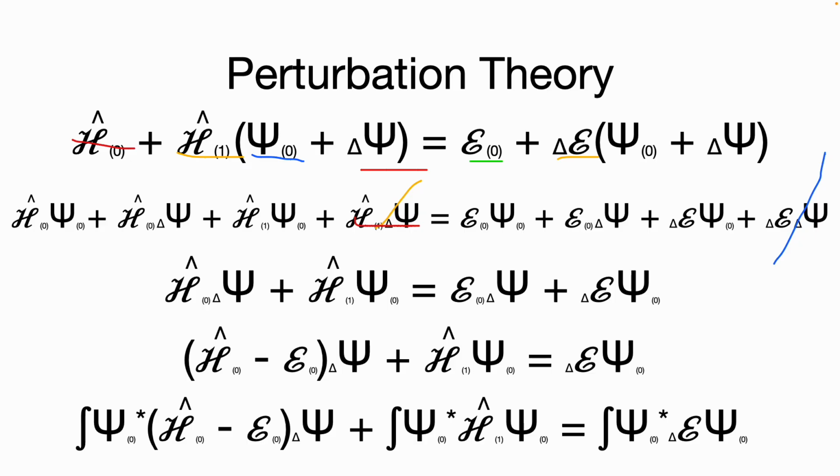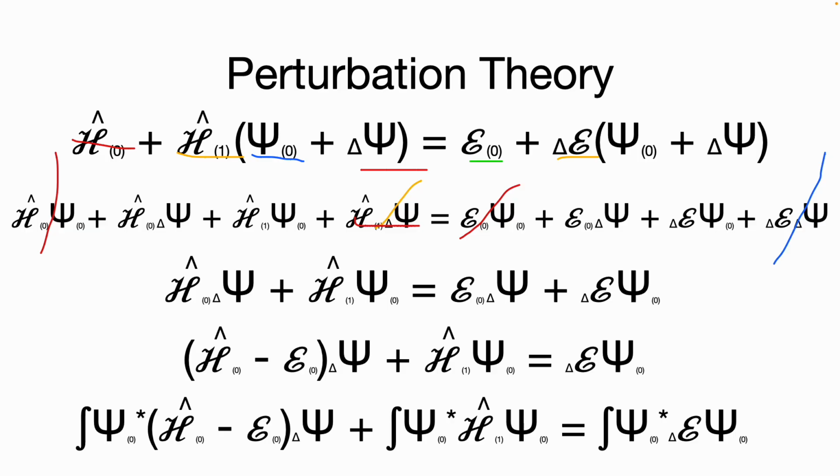This is because H0 acting on psi 0 is nothing but E0 times psi 0, which follows from the eigenvalue equation, meaning that H0's eigenfunctions are psi 0 and its eigenvalues are E0. Hence, we can safely cancel these two terms.